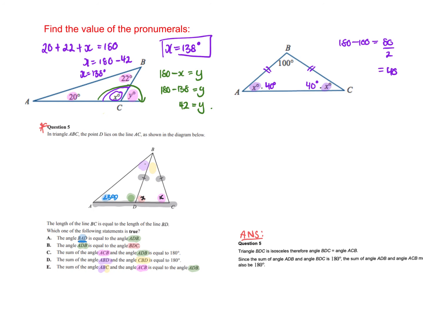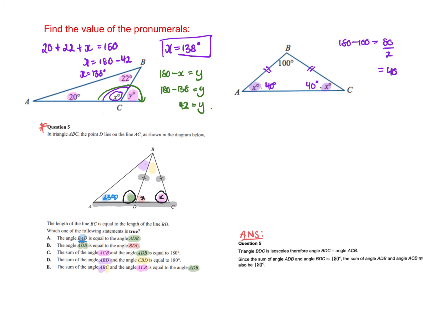The next one, angle ABD, so the green one, is equal to the red one. Well, we know that is not true too, because you can see as well, this is definitely larger. But if it says the sum of the angle, the pink one and the green one, what they're saying is this angle plus this angle is equal to 180.